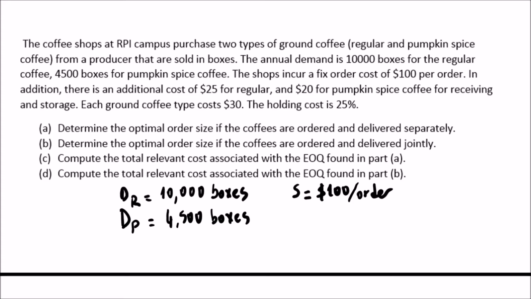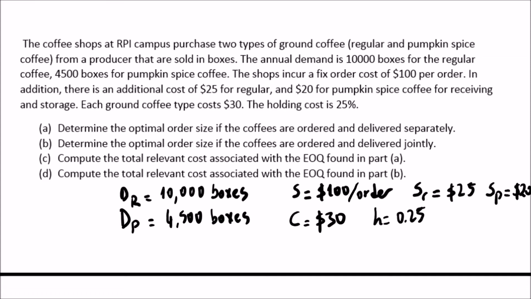But in addition, fixed costs for specific items exist. S sub R is the fixed cost for regular coffee, $25, and S sub P is $20. This is the fixed cost that we pay in addition to the general fixed cost for both of these coffee types. Each ground coffee costs us $30, so C is the same for all coffee types, and we pay $30 per box. And the holding cost is 0.25.